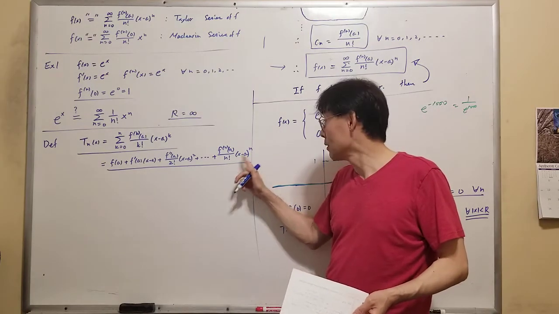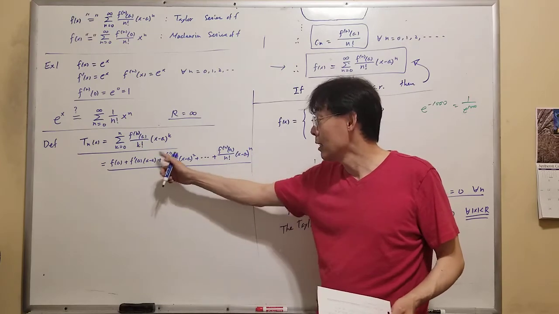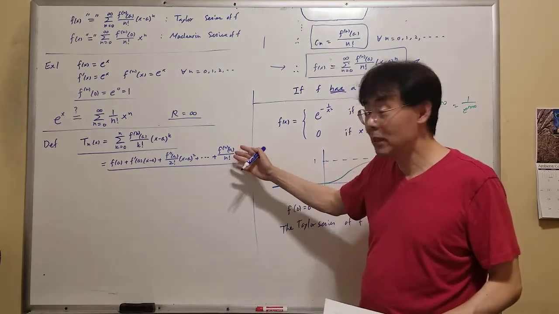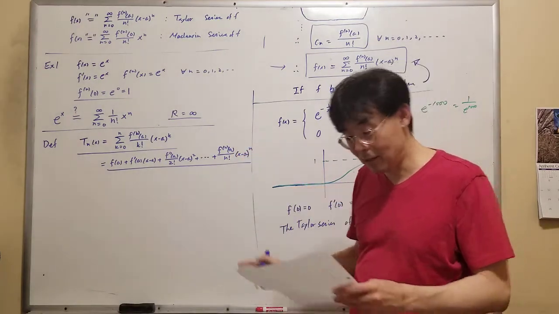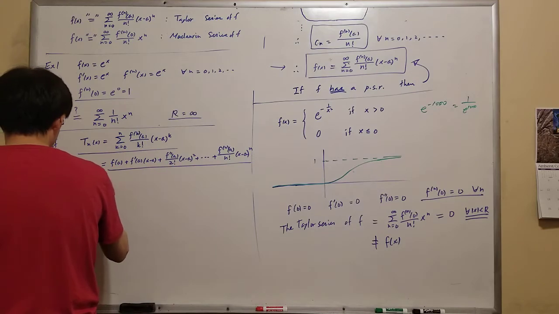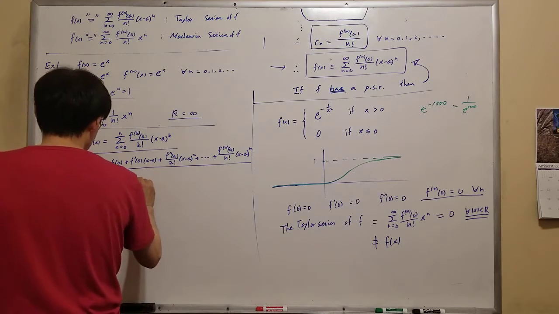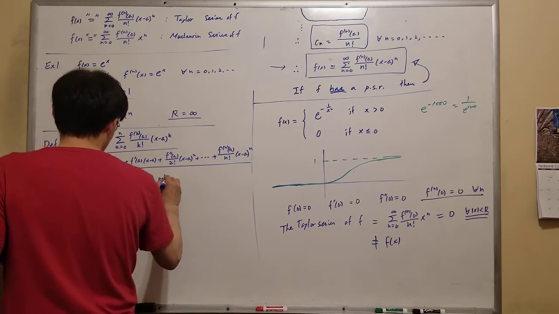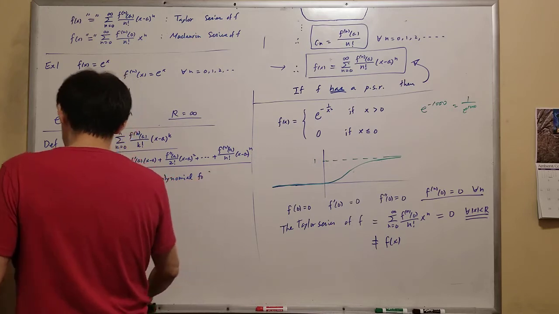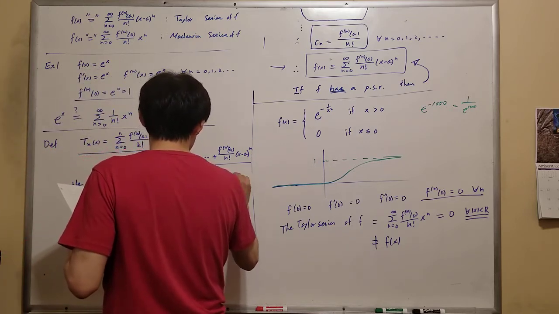It may not be degree n. If this one happens to be 0, then that could be degree n minus 1. But it is up to n degree. Even though it may not be degree n, still we call it the nth degree Taylor polynomial of f at a. Okay?